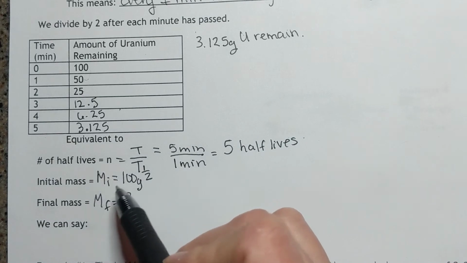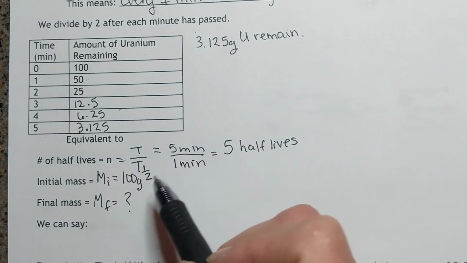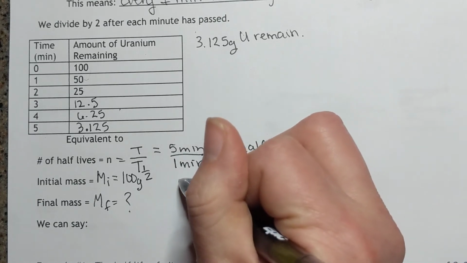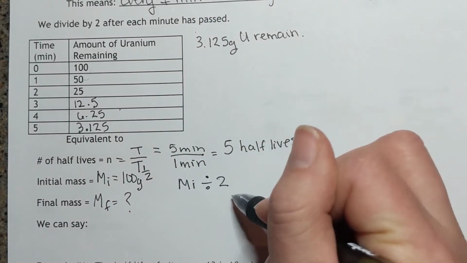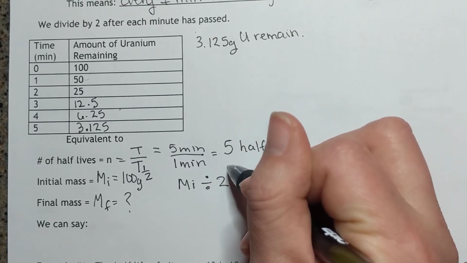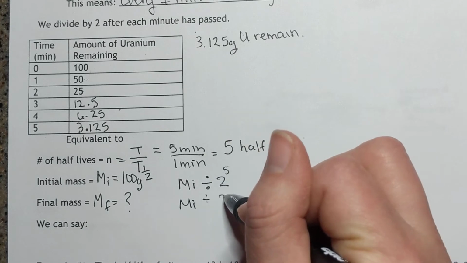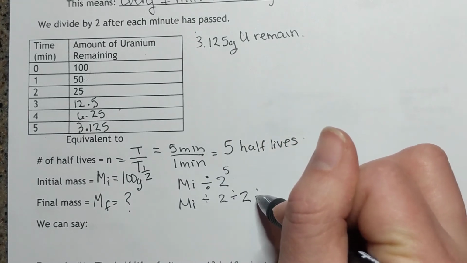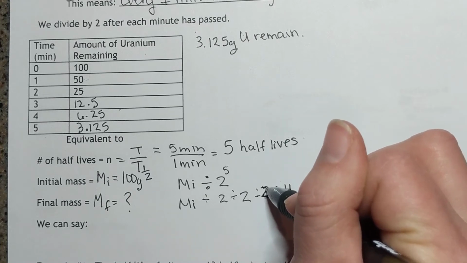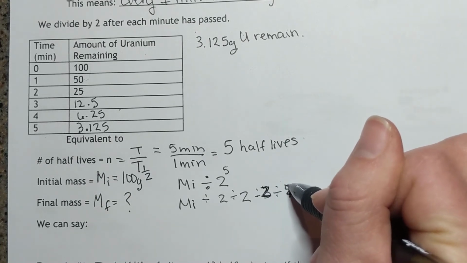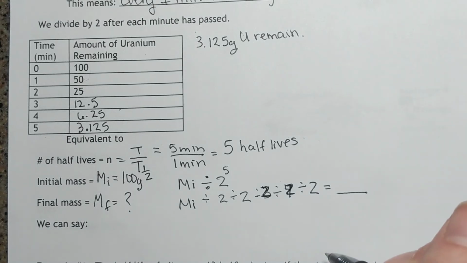This means that my initial mass gets divided by 2, or cut in half, 5 times. We can say divided by 2 to the 5th, or we can say my initial mass divided by 2 once, twice, 3 times, 4 times, 5 times, and that's my answer.